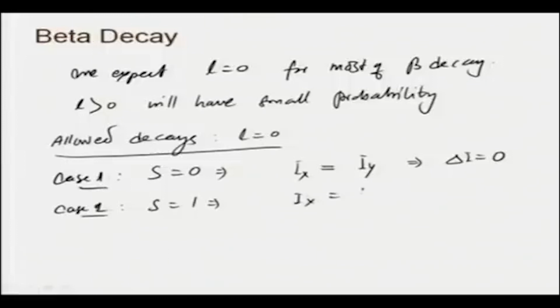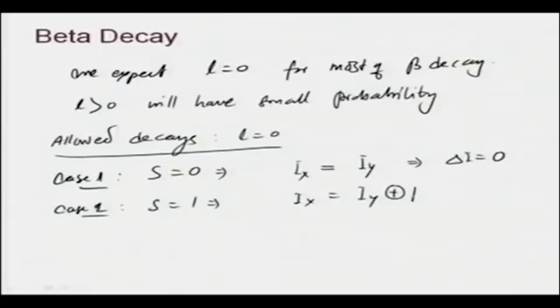and there I x is equal to I y plus S, which is 1, plus 1. To remind you again, this plus within the circle is put in to remind you that these are not simple number additions, but rather the additions are according to the angular momentum addition rules, vectorial additions. So, in actual numbers, it is I y minus 1 in magnitude, I y, I y plus 1.